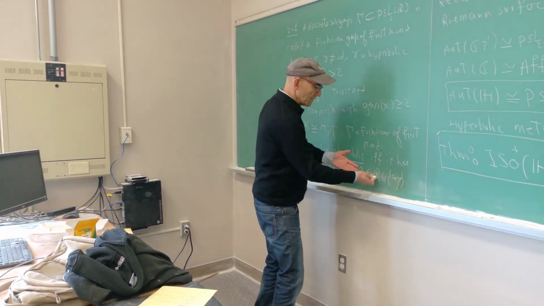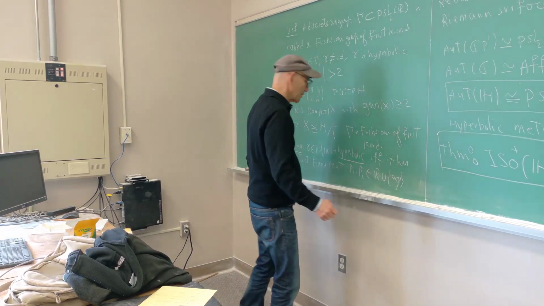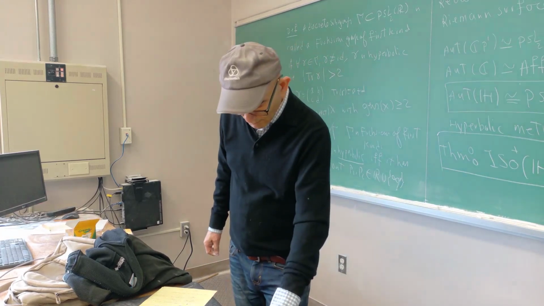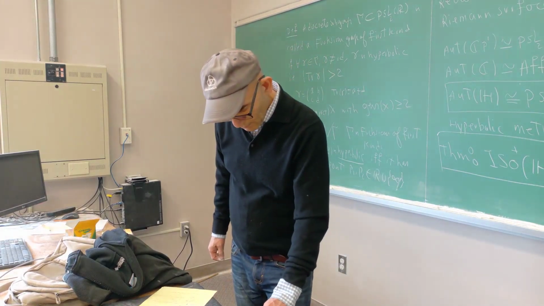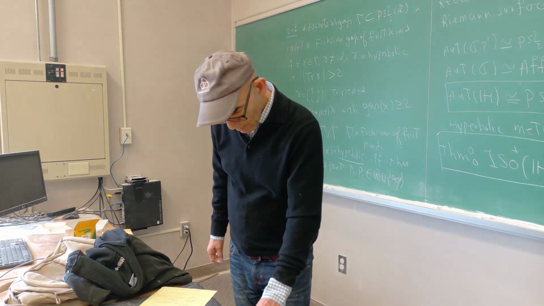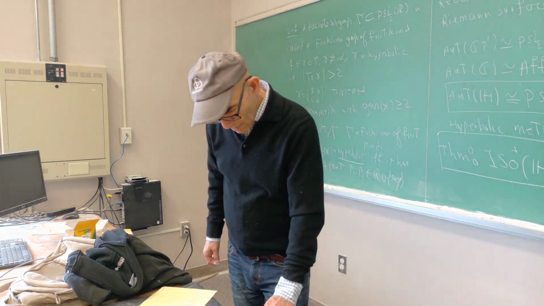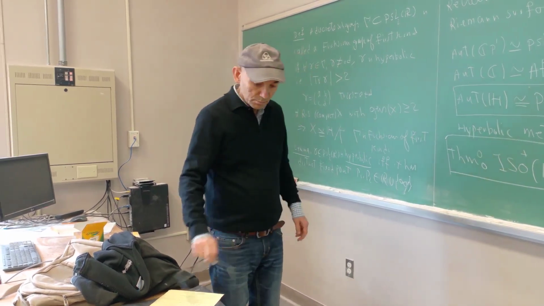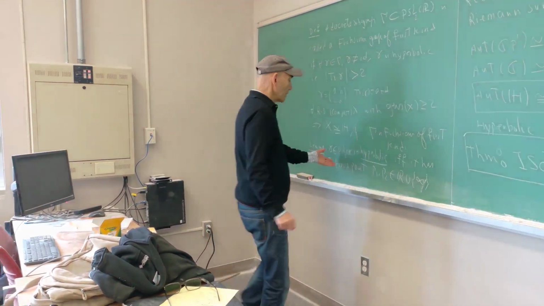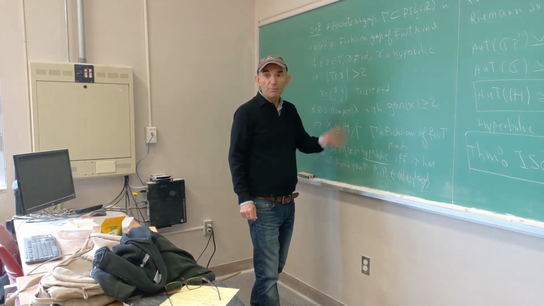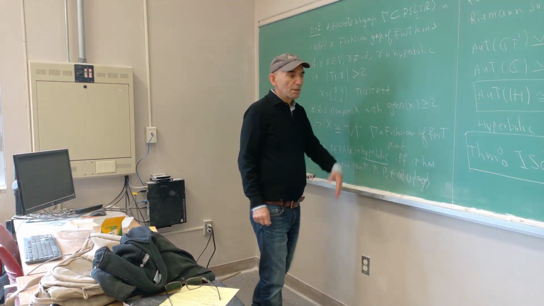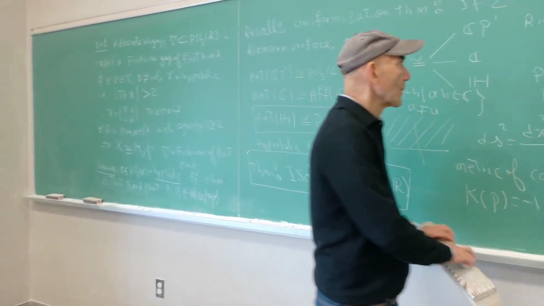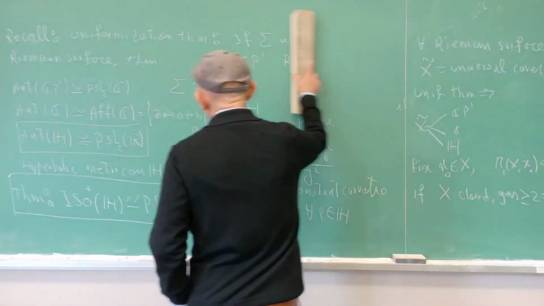This is basically the boundary of H, like this. So let me give you an example of a hyperbolic element, and an example of a non-hyperbolic element, so that you can see what's going on.